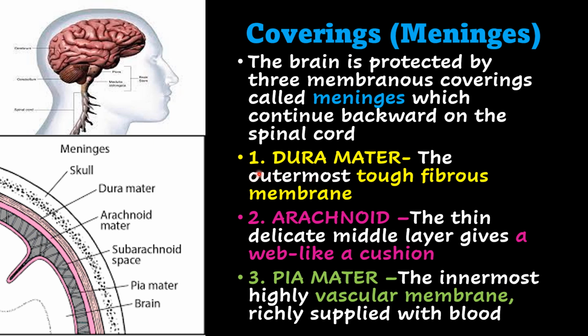First layer, the outer layer of the meninges, is the dura mater. Here you can see the outermost tough fibrous membrane. The tough fibrous membrane we call the dura mater. Then the middle layer is the arachnoid. The thin delicate middle layer gives a web-like cushion, like spider webs.